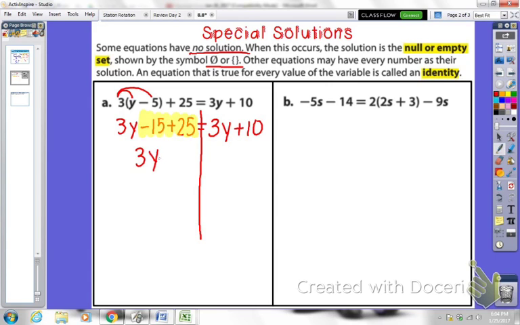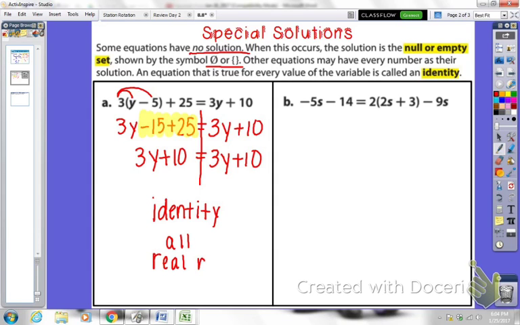So you have 3y plus 10, and that equals 3y plus 10. We should notice that these sides are identical, which means this is an identity problem. And your solutions are all real numbers. So any number I could replace y with, and the left side and the right side will be equal.